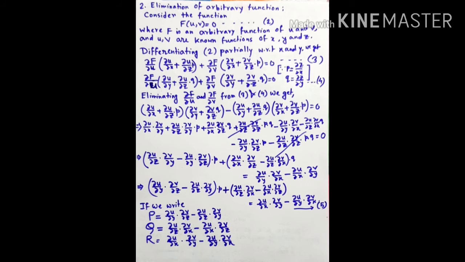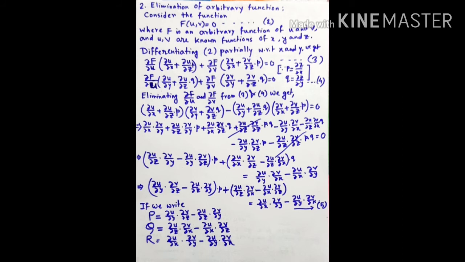So we can write it as (∂u/∂y · ∂v/∂z − ∂u/∂z · ∂v/∂y) p + (∂u/∂z · ∂v/∂x − ∂u/∂x · ∂v/∂z) q = ∂u/∂x · ∂v/∂y − ∂u/∂y · ∂v/∂x. We write it as equation number 5.